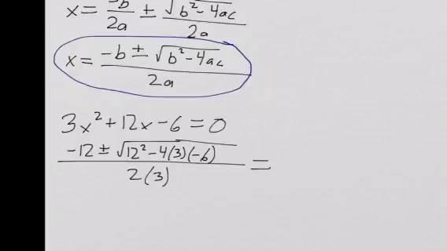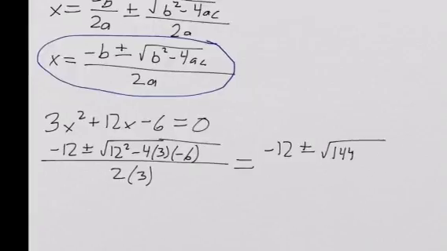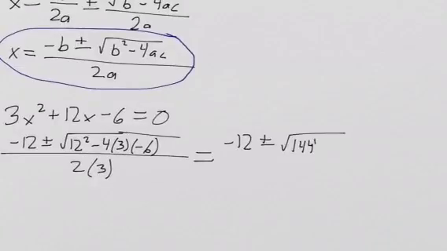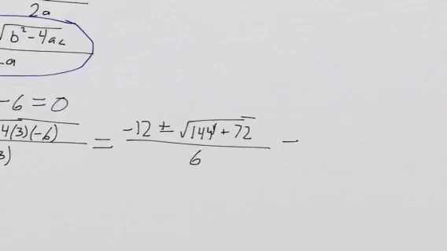Then we'll simplify. It's going to be negative 12 plus or minus the square root of 144 plus 72, all over 6. So it ends up being negative 12 plus or minus the square root of 216 divided by 6.